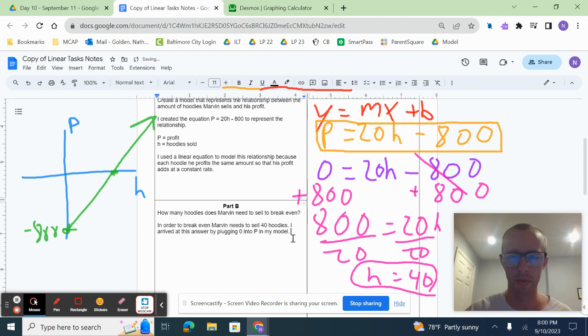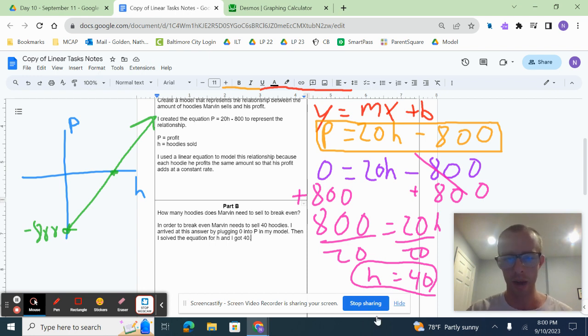That's what we did, right? We plugged 0 into P in the model. Then I solved the equation for H, and I got 40. Right, that's it. We don't need to type a novel. Sometimes you need to type longer, but that's pretty much it. That would get you a full score, right?